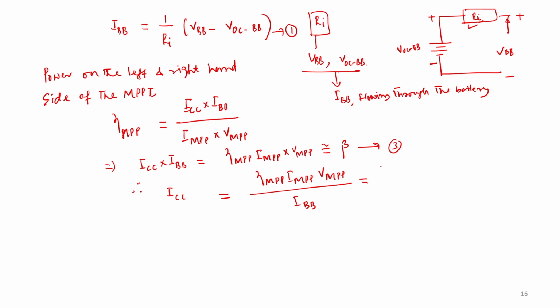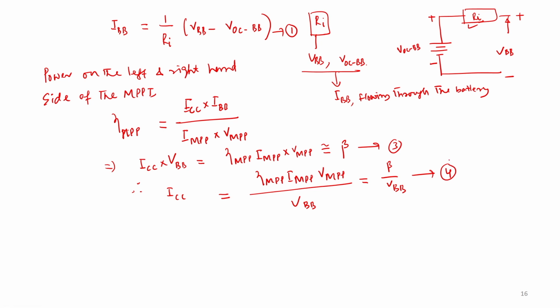So, this is something like beta times IMPP times VMPP over VBB, right. This is equation number 4.